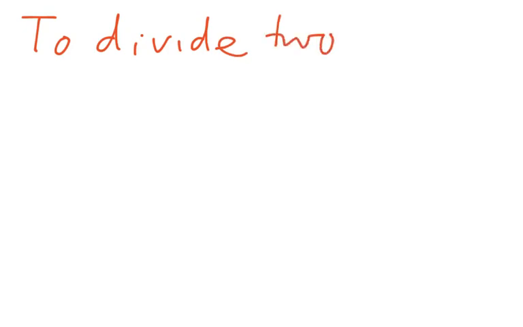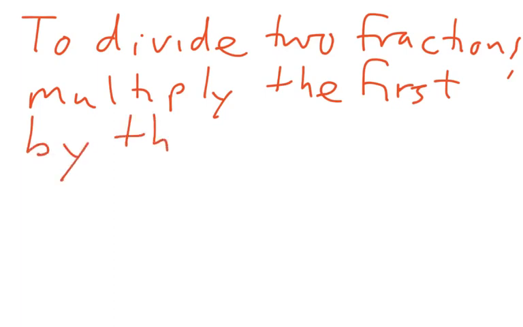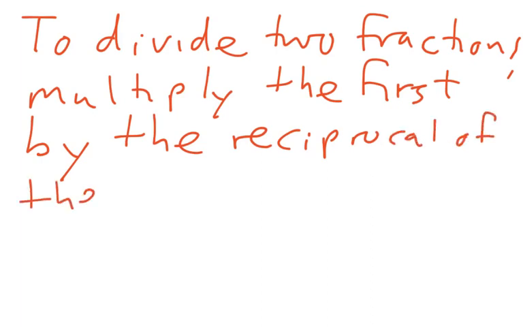The way that is usually stated in words that makes it easier to follow is to say that to divide two fractions, we multiply the first by the reciprocal of the second.